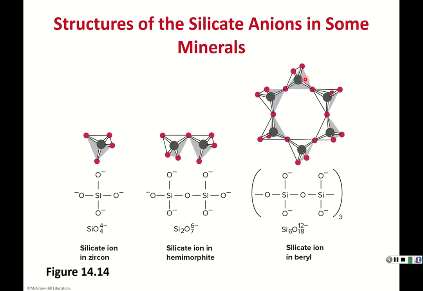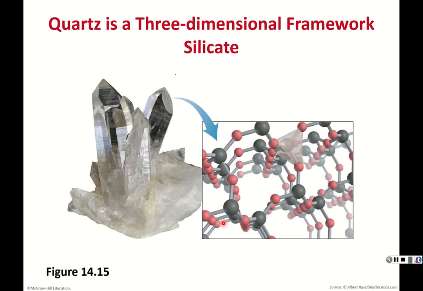So these can be stuck together, and you can get very complex arrangements of these, right? And quartz is an example of this. It's a 3-dimensional framework of silicate, right? So it makes this very nice crystal, but what it's made up of is essentially that silicate building block.